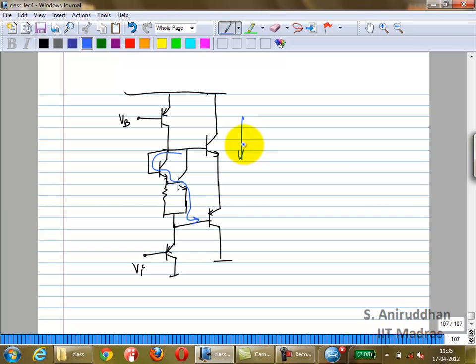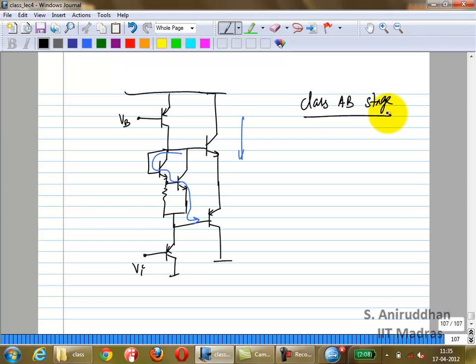What is the bias current through the output stage? First of all, this is what is called a class AB stage. A class B stage has crossover distortion. You try to modify that by adding 2 diodes. This is called a class AB stage, because for very large signals it is a class B operation.